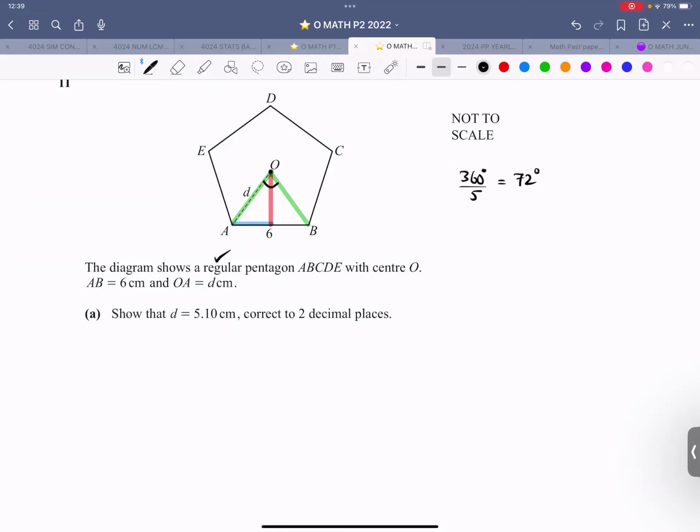That is 72 degrees. Therefore, just this much is 36 degrees. So 36 and 36, and this 6 is divided into two parts, 3 and 3. So if I use sine, sine of 36 degrees equals 3 over d. Therefore, d is 3 over sine of 36 degrees. This comes out to be 5.10. That's the value of this thing in meters.